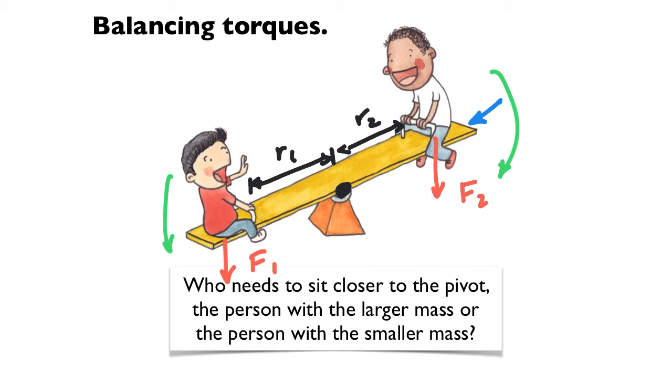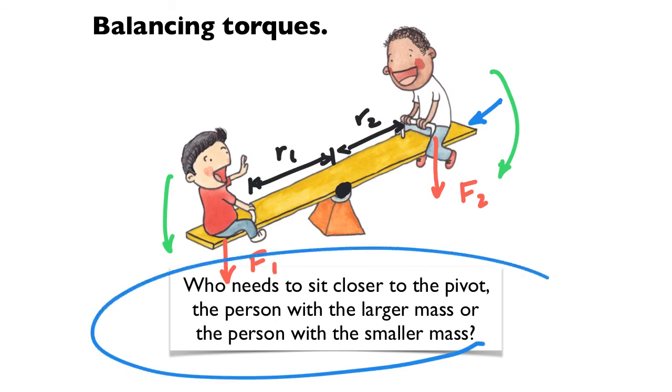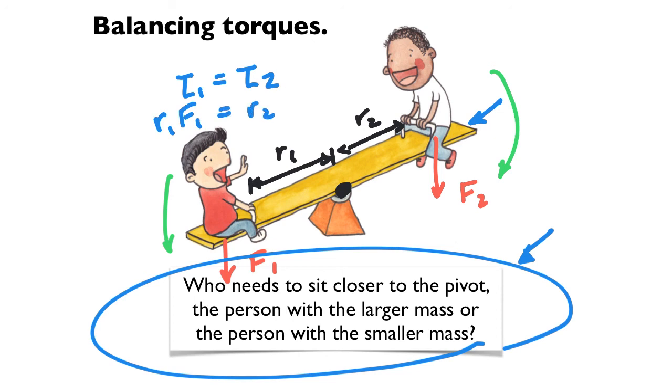That's the type of thing we're going to be dealing with in Chapter 8. And as a quick warm-up, I want you to think about this. Who needs to sit closer to the pivot? The person with the larger mass or the person with the smaller mass? Can you make sense of it in terms of the torque picture? Well, if I want the torque of the person on the left to equal the torque of the person on the right, that means R1 times F1 should be equal to R2 times F2.